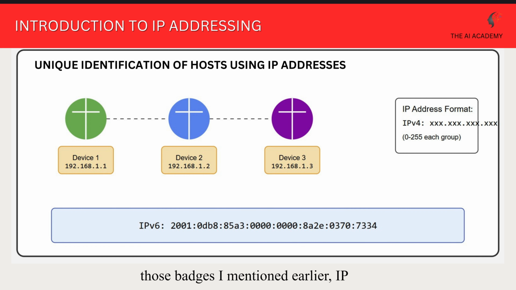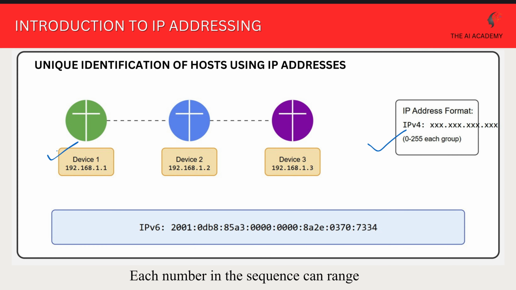Now, let's talk about those badges I mentioned earlier, IP addresses. These are unique numbers assigned to every device in a network to identify them. Here's how they work. So, how does an IP address look? IP addresses typically look like this: 192.168.1.1. This is an example of an IPv4 address.